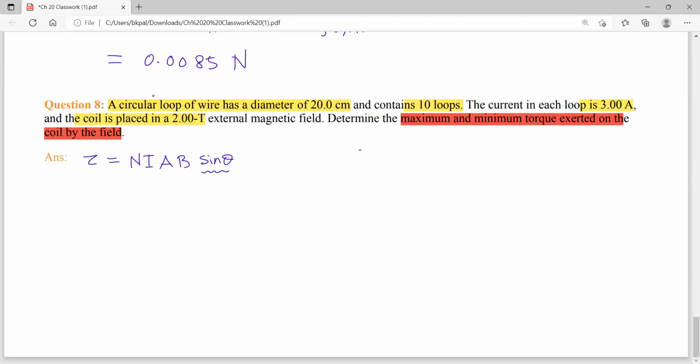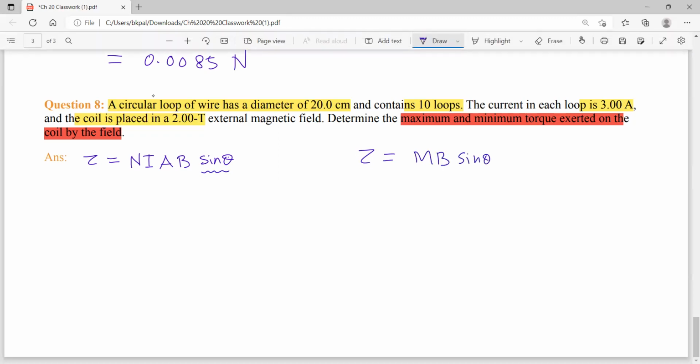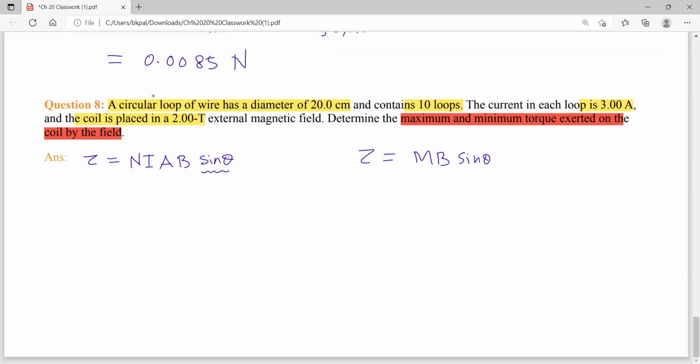Actually the last equation we derived was M B sine theta, so it's basically the same thing. M is the magnetic dipole moment, which is equal to NIA, and then B, and then sine theta. So tau max is this NIAB when sine theta equals 1.